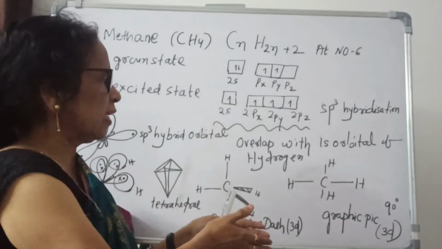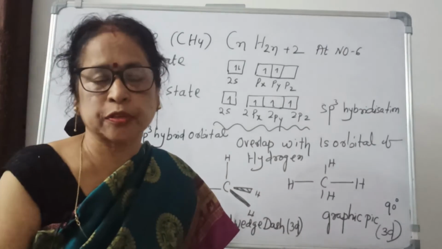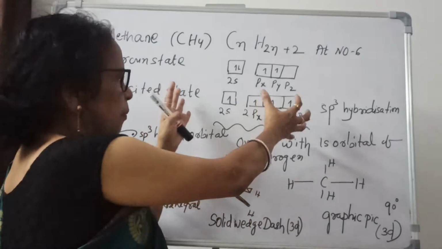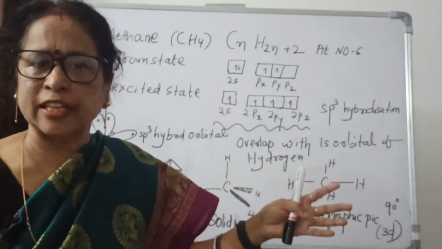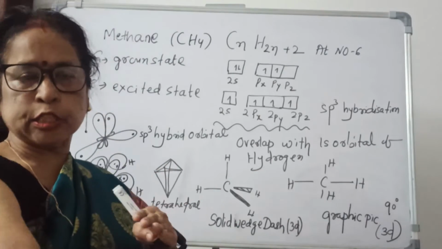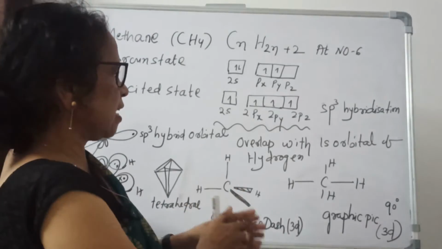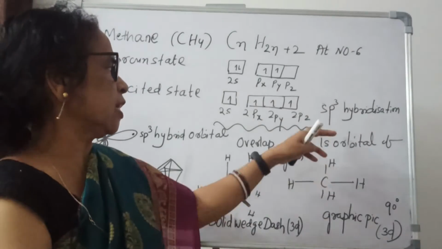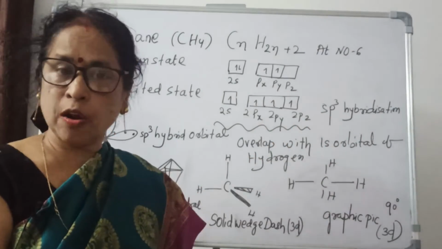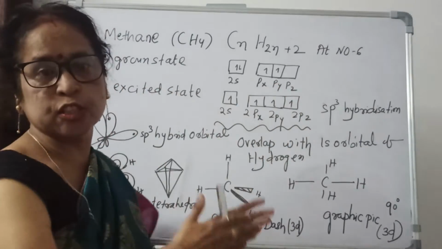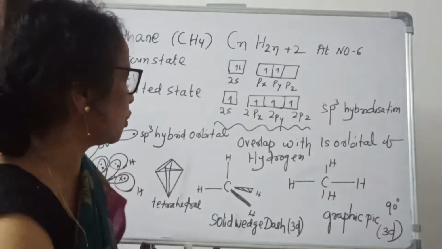Then again it is thought about hybridization. Hybridization means the combination of atomic orbitals having different energy, redistributed equally, equivalently, into orbitals of the same energy. That is called an sp3 orbital, and the phenomenon is called sp3 hybridization.